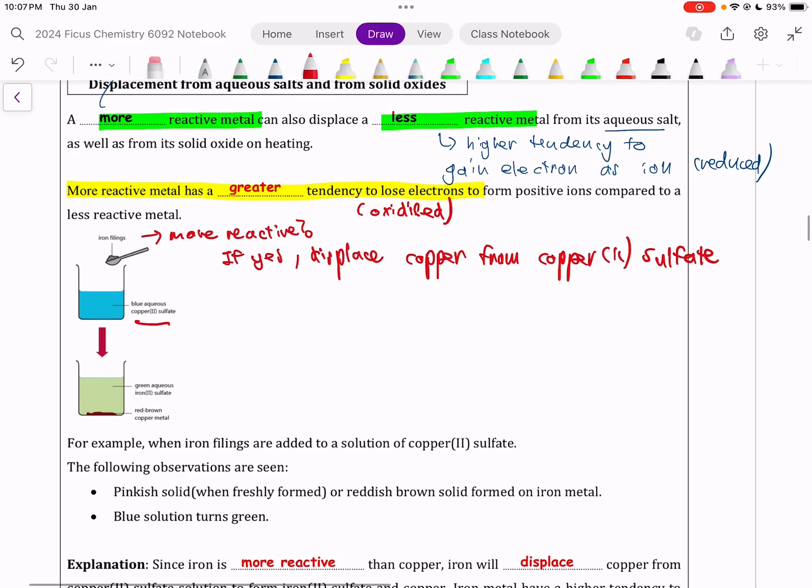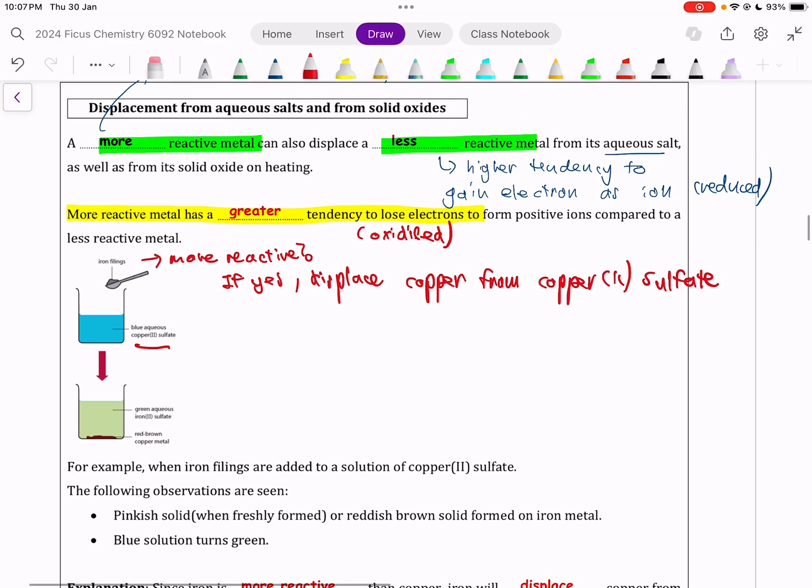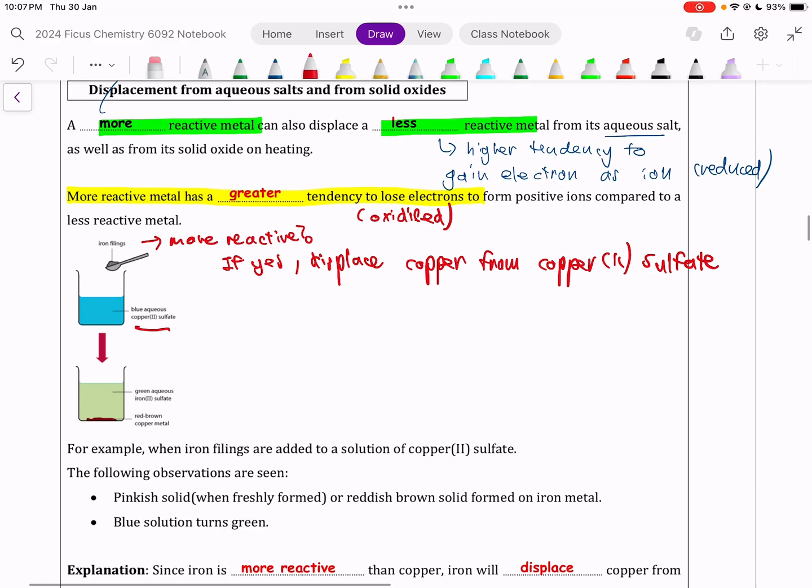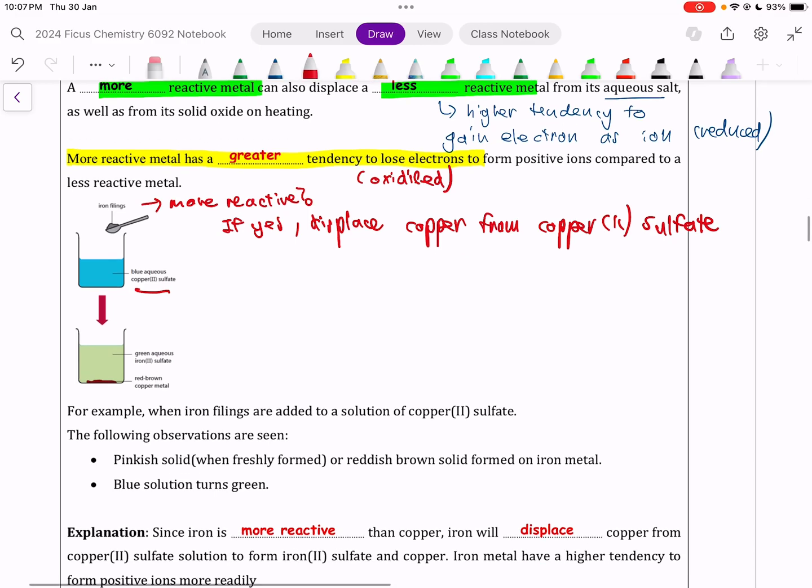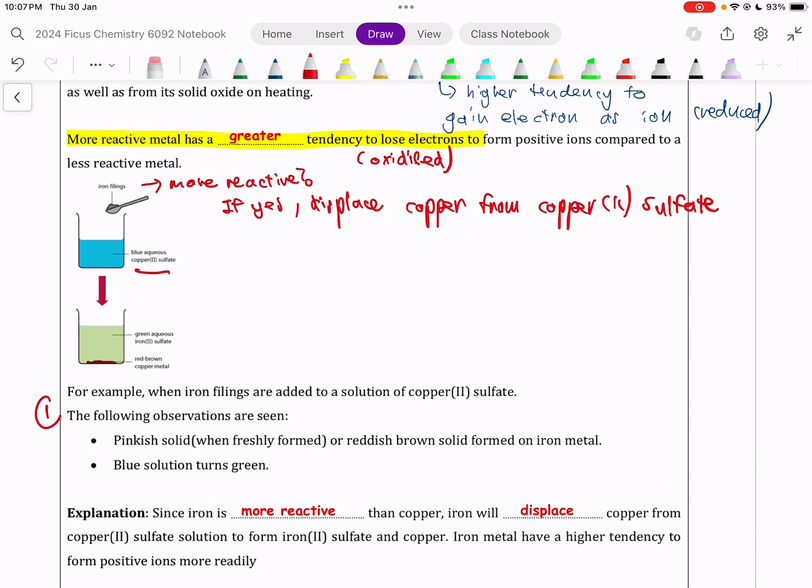Okay, so take for example this case. They can ask you for observation, explanation, or an equation. One thing they can ask you is observation. You will see a pinkish brown or reddish brown solid deposit, then a change in color of solution.